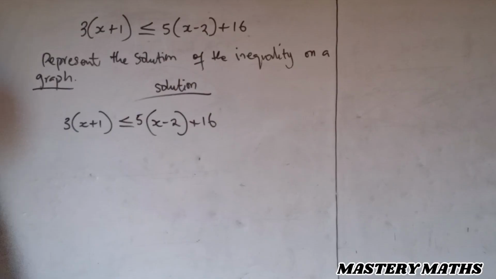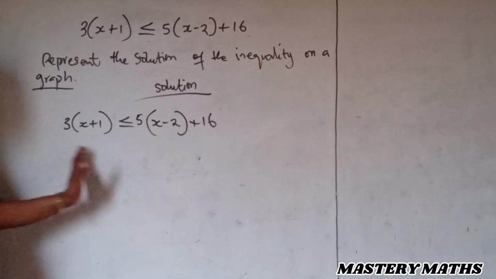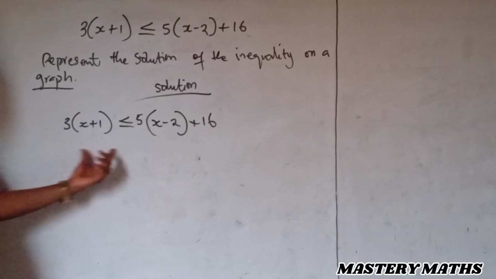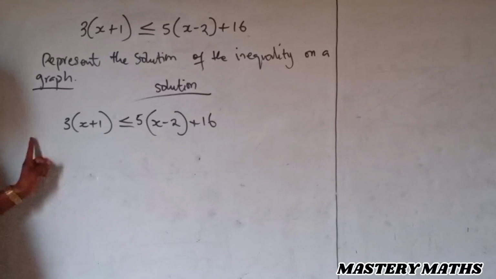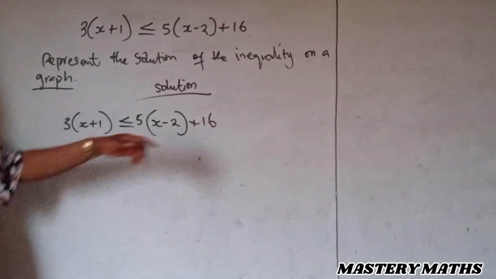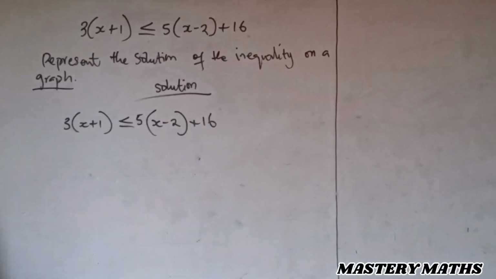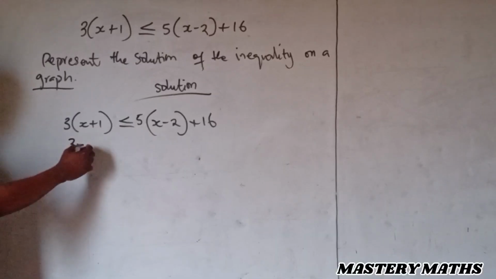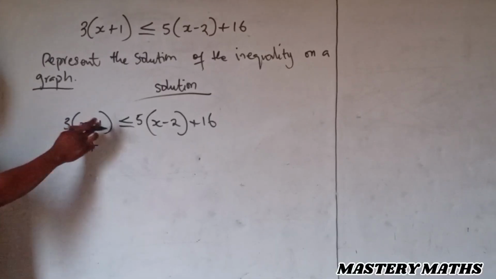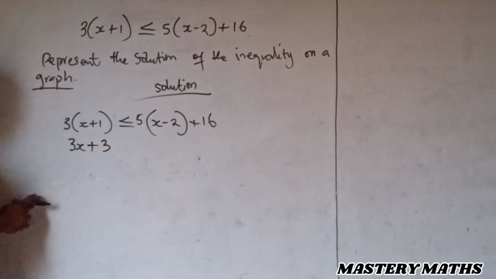So what should I do here? First of all, I'll open the bracket. How do I open the bracket? I'll use the number outside to multiply everything in the bracket. Now let's open it. You have 3 times x, which is 3x, plus 3 times 1 is 3.